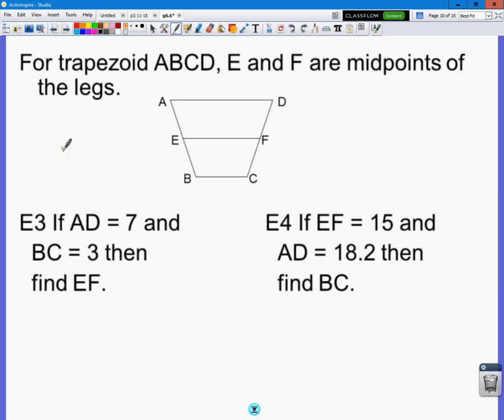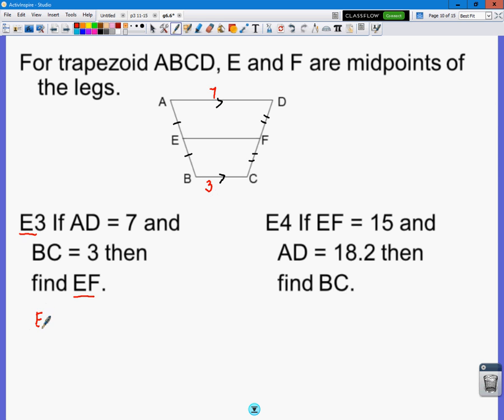Example 3 and 4 deal with a mid-segment. They said E and F were midpoints, so I'm going to mark them as being midpoints. And it said this was a trapezoid, so I'm going to mark AD as parallel to BC. In example 3, if AD is 7 and BC is 3, find EF.